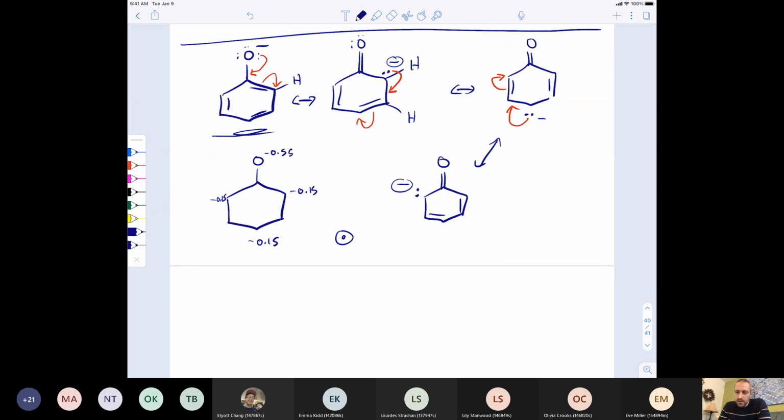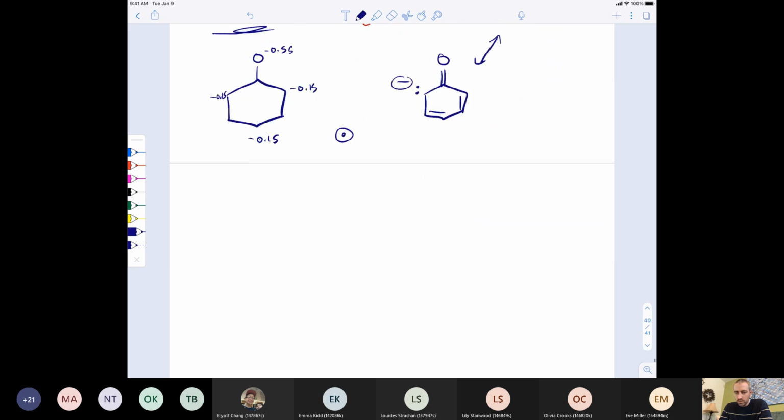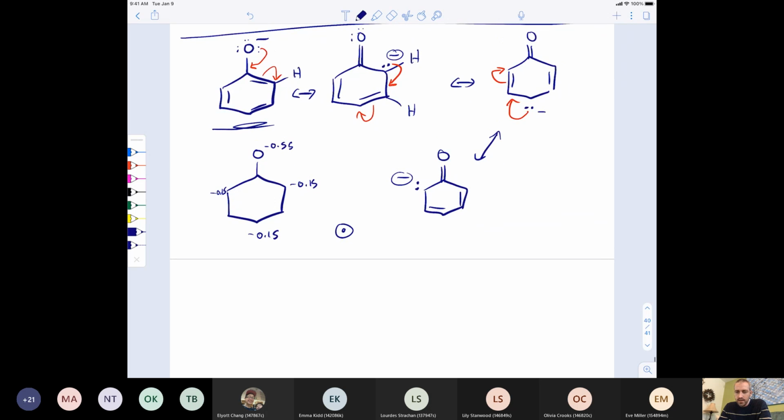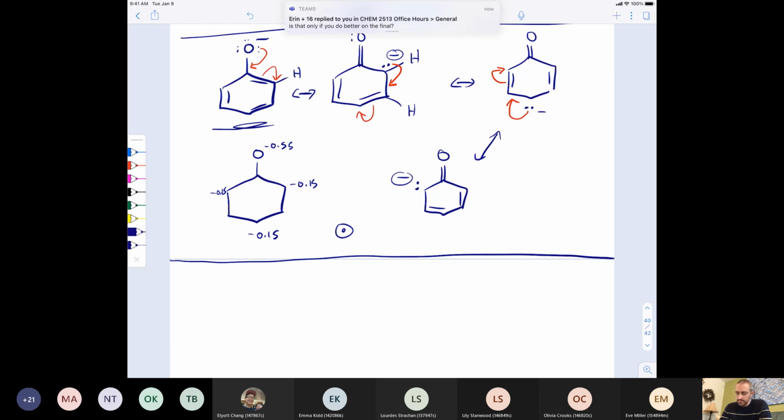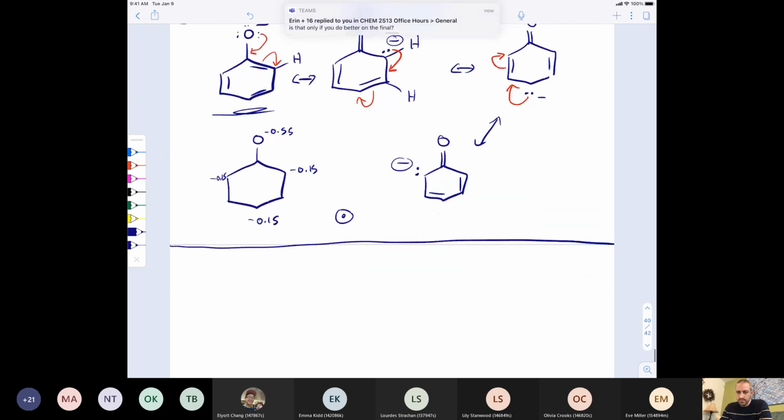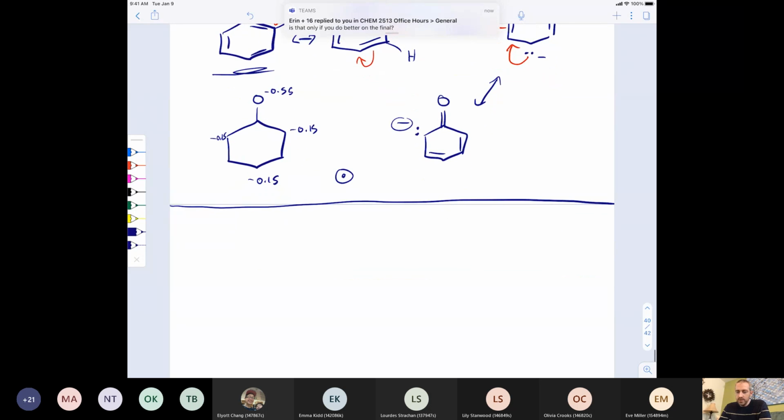Is it true that if you do better on the final, then on your lowest midterm, the lowest midterm mark is dropped? Yes, that is definitely the case. We are dropping the lowest midterm. Whichever one of the 3 is your lower mark, we will drop it and replace it with your final. That is only if you do better on the final.